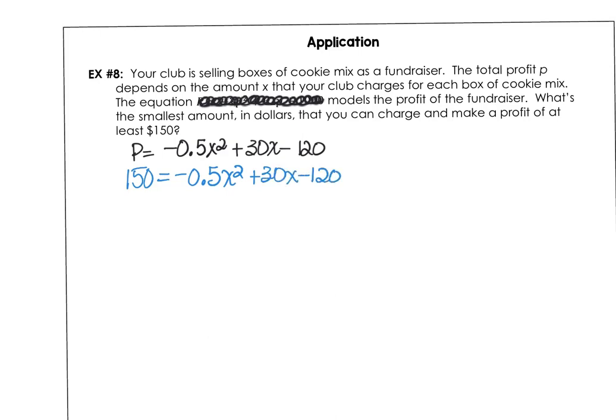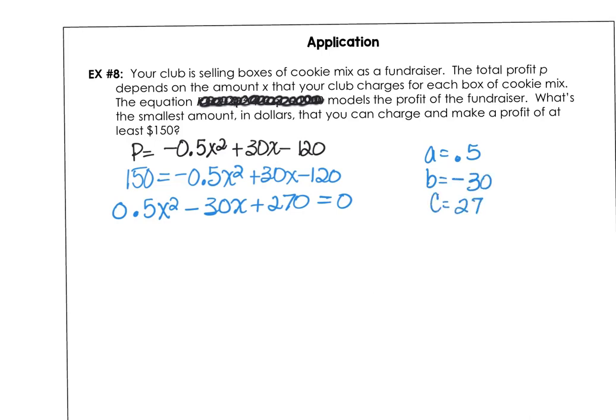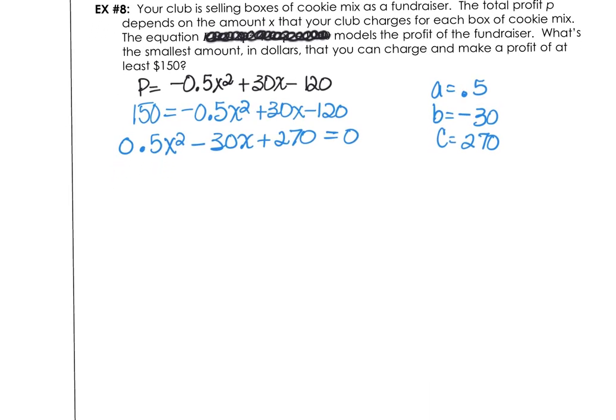So I'm putting everything on the left side, 1/2 of an x squared minus 30x, and then add 120 to 150, we have 270, and that equals 0. So our A value is 1/2, our B value is negative 30, and our C value is 270. So again, we're going to need the calculator.